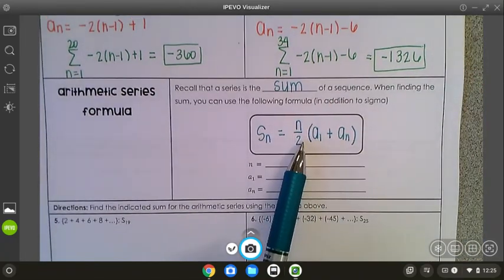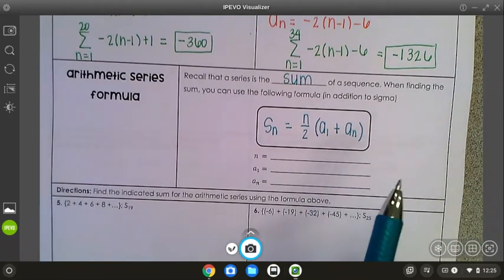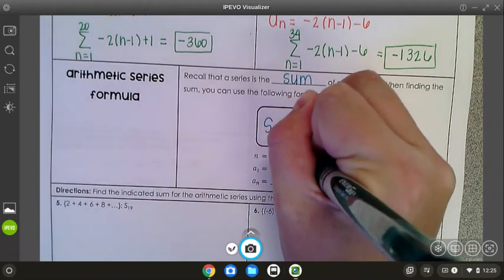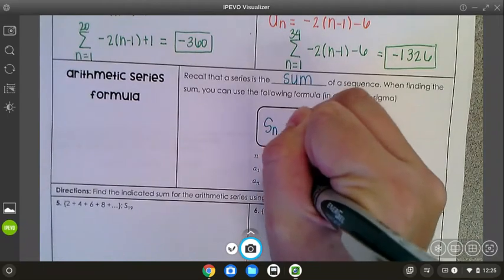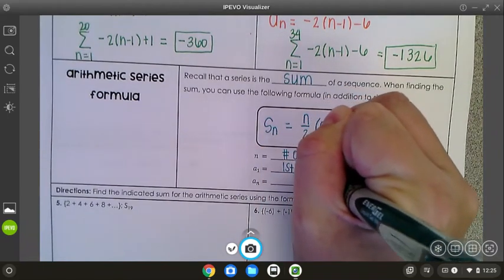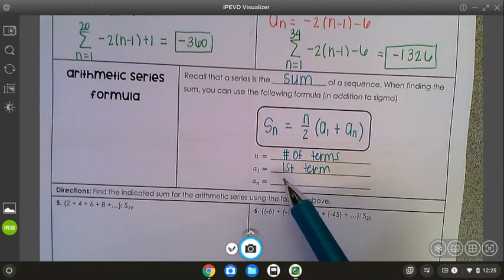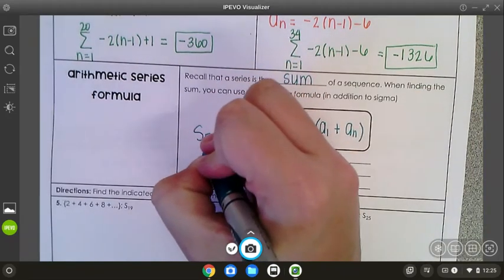N over 2 times A1 plus An. And remember, n, that's the number of terms. A1 is your first term. So if we have, let's say it said find S5.